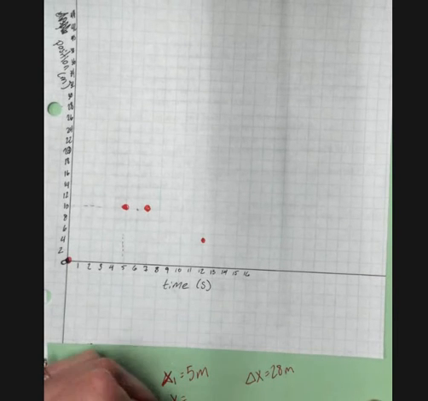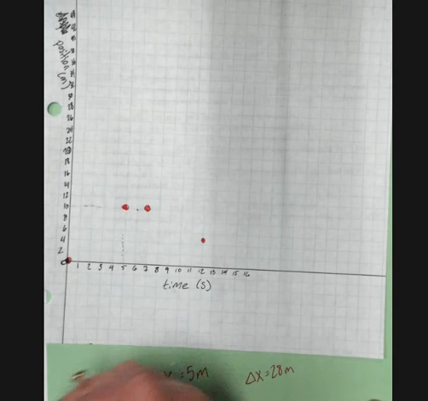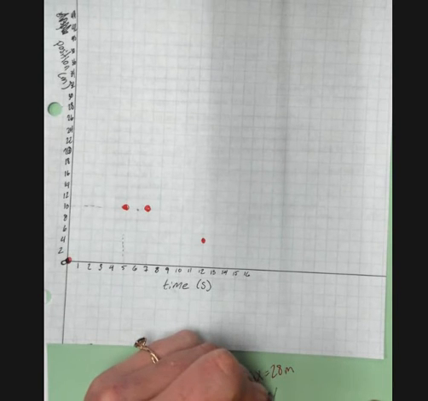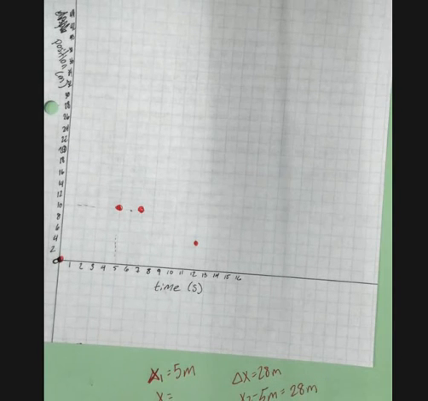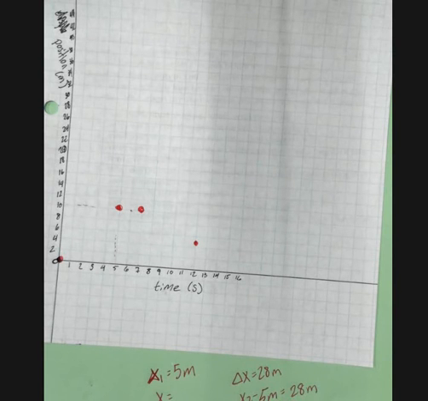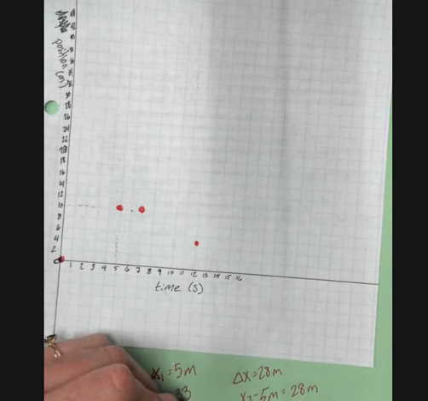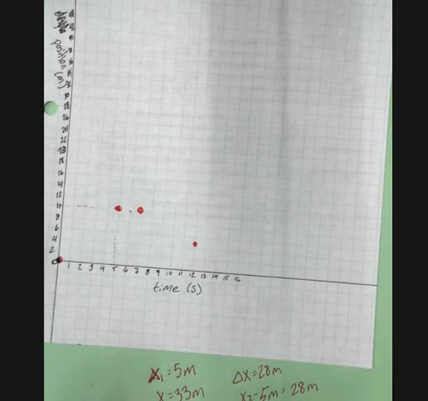So x2 minus 5 meters equals 28 meters. So your x2 is going to be 28 plus 5, which is 33 meters. Alright, that's your final position.